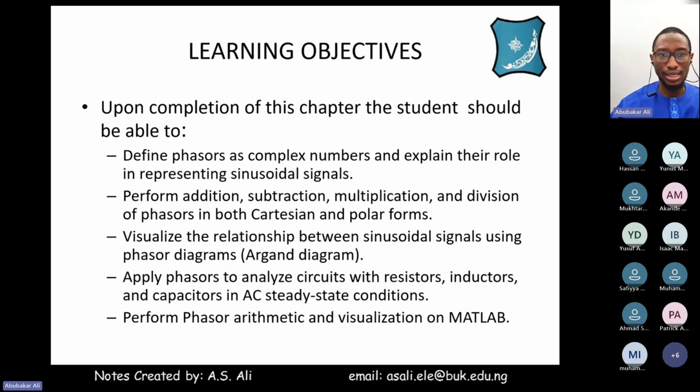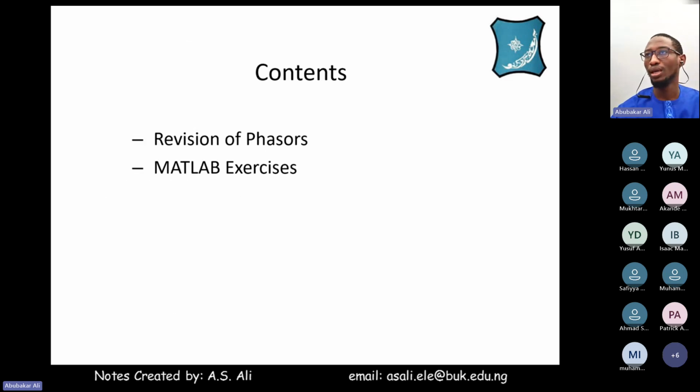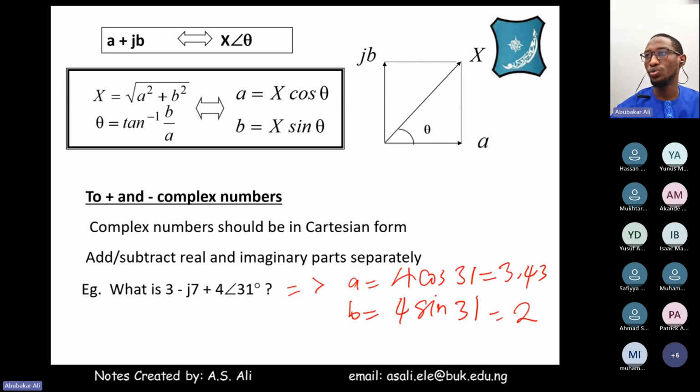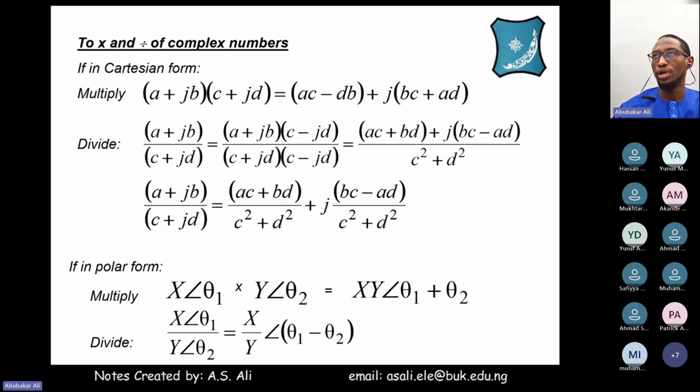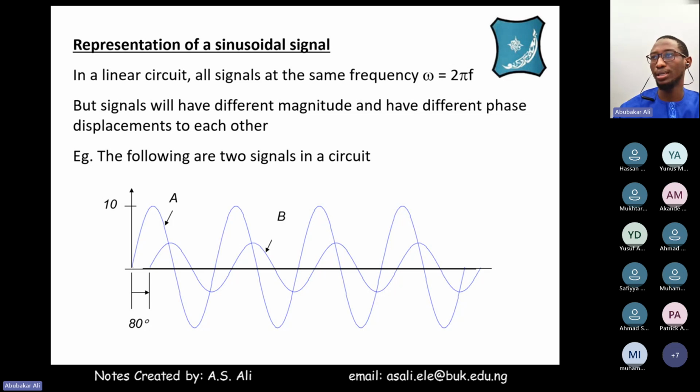Yesterday we discussed phasors, right? And we were able to look at the forms. As we said, phasors are nothing but complex numbers. And we have seen how we can present complex numbers in the Cartesian as well as the polar form. And we looked at the arithmetic: addition, multiplication, division, and subtraction.